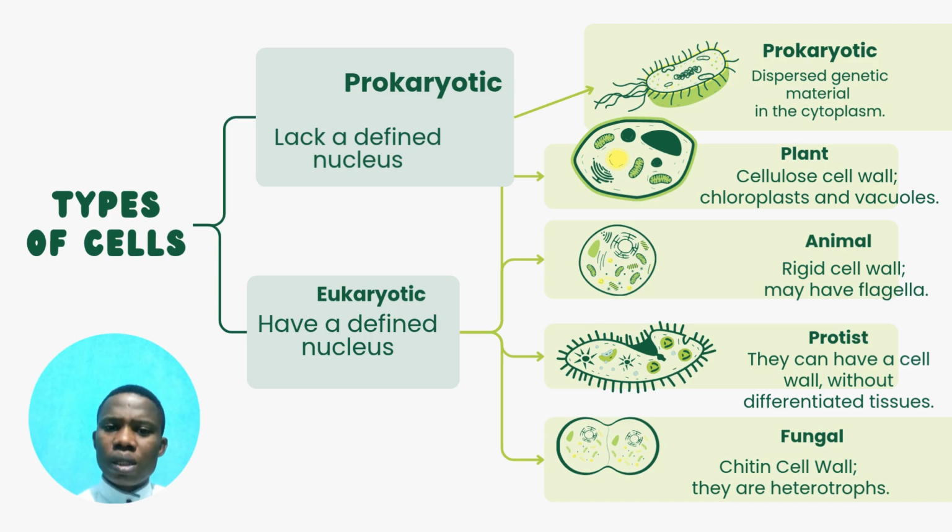In protists, they may have a cell wall without differentiated tissue. Examples of protists are Euglena, Chlamydomonas, Amoeba. And in fungi, they have a chitin cell wall, and they are also heterotrophs.